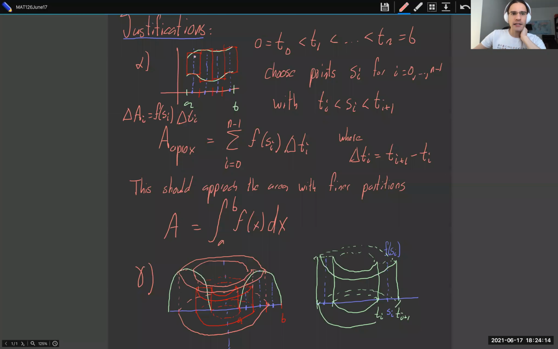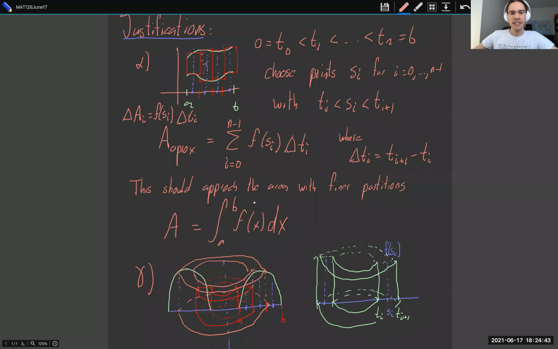And let's say it's one of these pieces like this one. Then what is its area? It's the height, which is this point s sub i that I'm sampling in the middle, times the width, which is delta t sub i. Does that make sense? Yeah. Good.